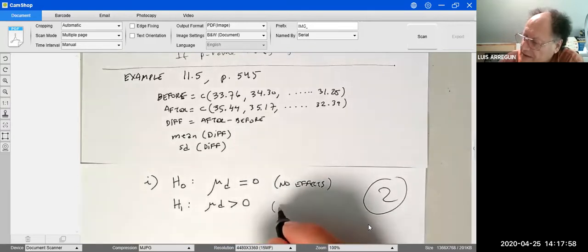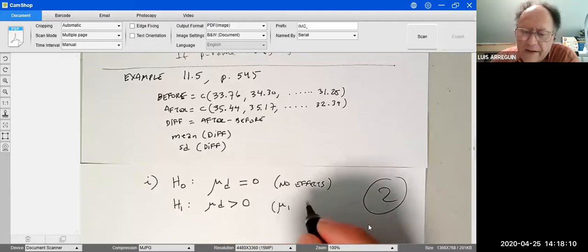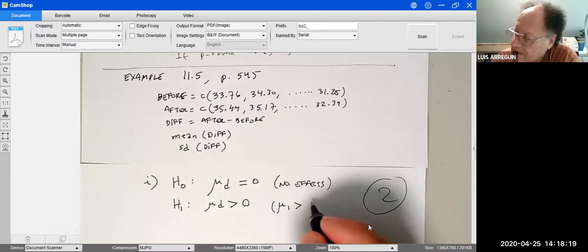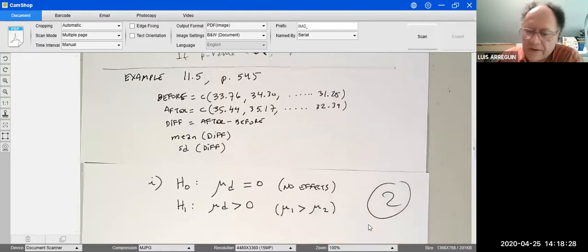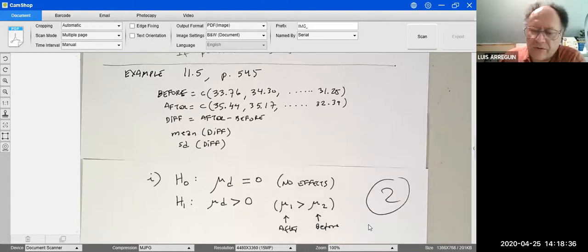So this is like saying that the mileage is going to improve. In this case, you're going to get greater mileage after the tune-up. You're going to get more miles per gallon of gasoline. This is after the tune-up, and this is before the tune-up. So you expect to get more yield from your gas.